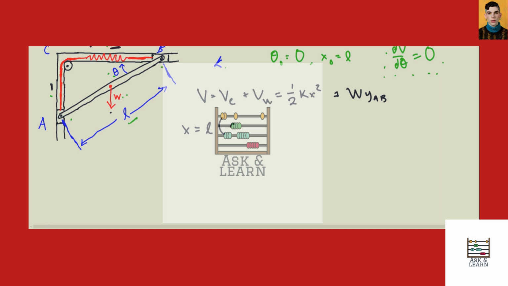So L times cosine theta, i.e. our adjacent, plus L times sine theta, i.e. our opposite, minus L, because we're subtracting the equilibrium length. And our y_AB is similarly just going to be negative L over 2 sine theta.